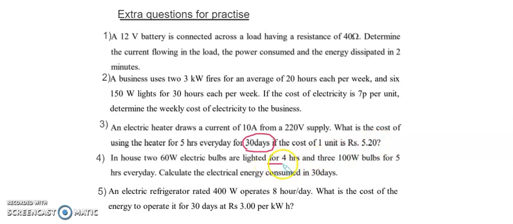Same way here, for 4 hours, how many bulbs are going on? 2 bulbs. So find the heat for 2 bulbs. Then for 3 bulbs of 100 watt, find the heat used by 3 bulbs. Add it. That will be for 1 day the heat consumed by 2 bulbs and 3 bulbs. Then multiplied by 30. You'll get the answer. Hope it is clear. Thank you.